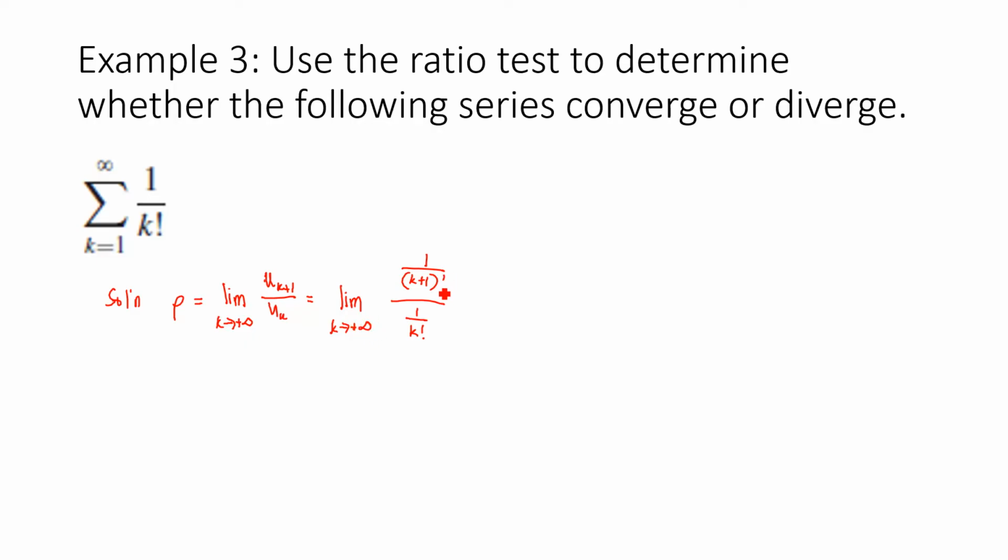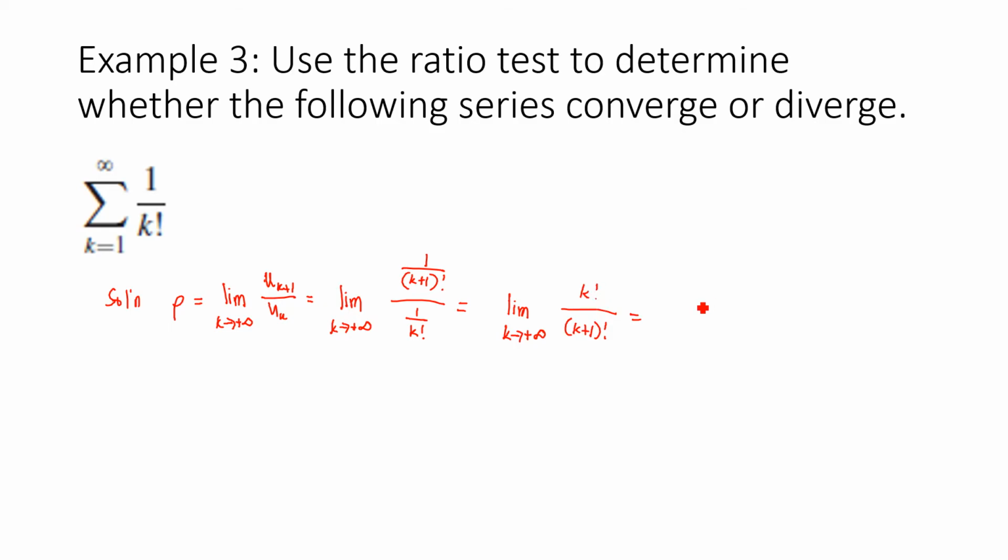So in this case, we could simplify this one. You have the limit of k factorial over the quantity (k plus 1) factorial as k approaches positive infinity. Now, take note that the next term of this factorial is k plus 1.